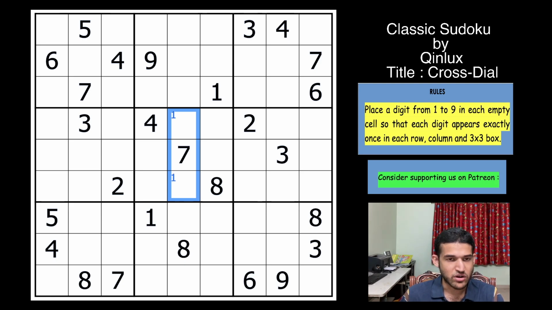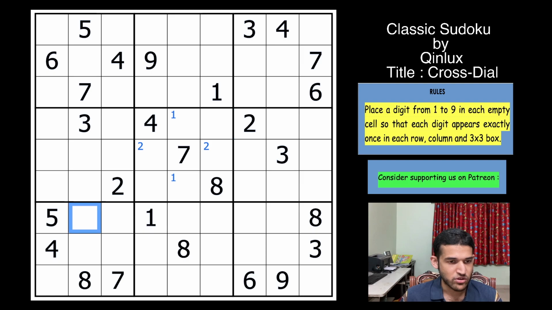Let's start with some corner markings. Okay, there are only two ones in the grid, so there is not much information that we can get from ones. Let's go to twos. 2 in row 5 has to be in one of these two cells. And similar to 1, there are only two twos in the grid.